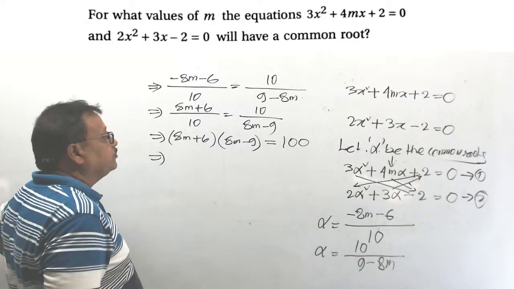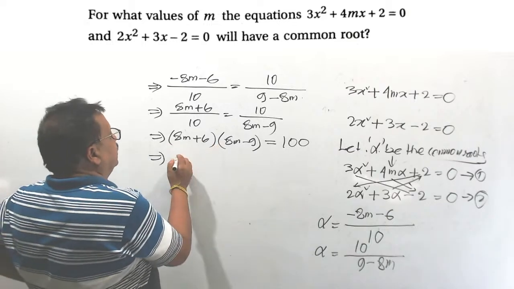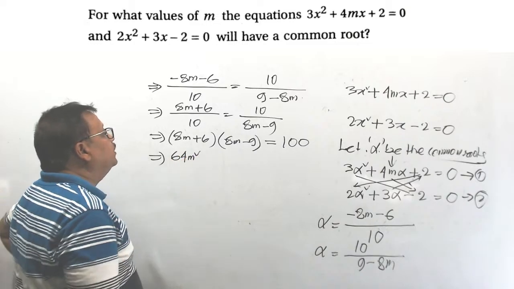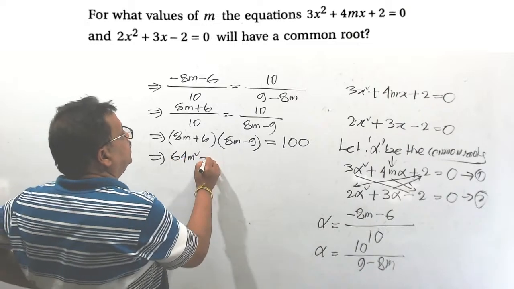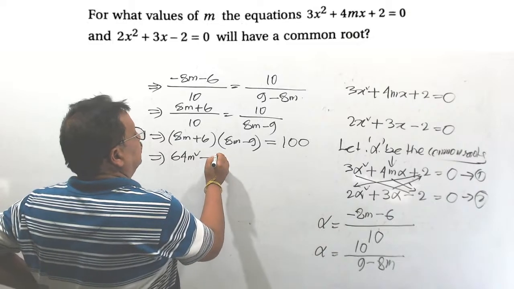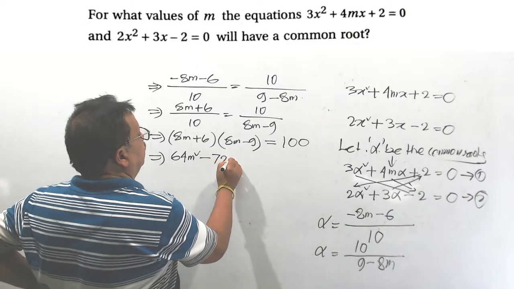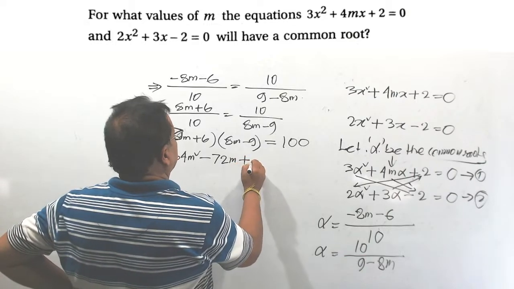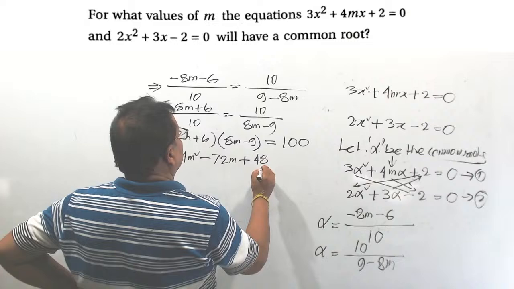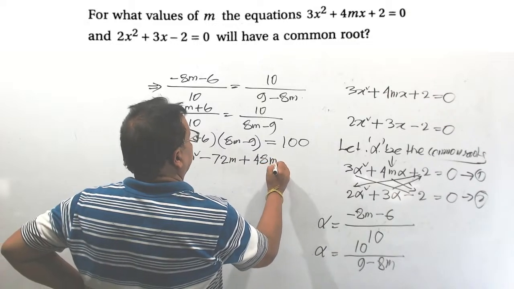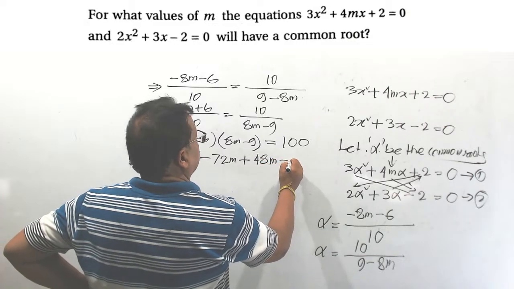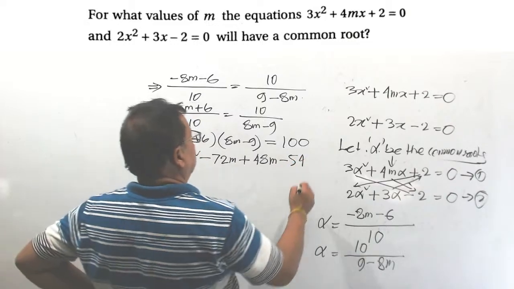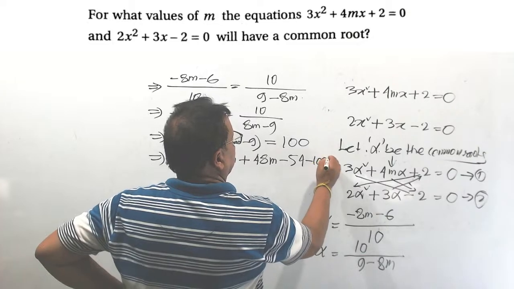Okay, 64m square minus 72m plus 48m minus 54 minus 100 equals to 0.